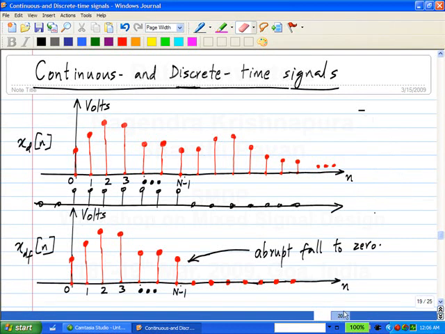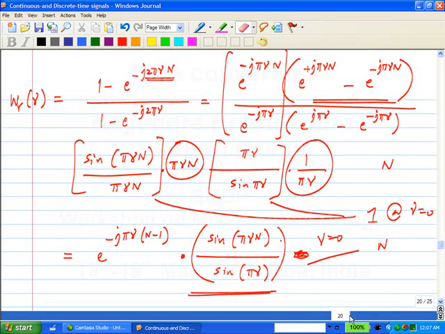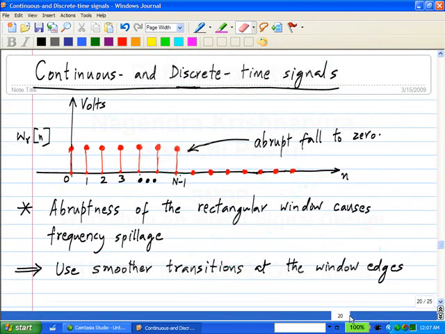So abruptness is what gives you the frequency leakage or spillage, and you have to use smoother transitions at the window edges. So one possible candidate is, for instance, you do something like this. Instead of all of it being uniform, you use a small value here, let's say 0.